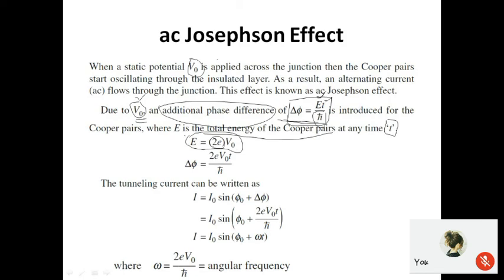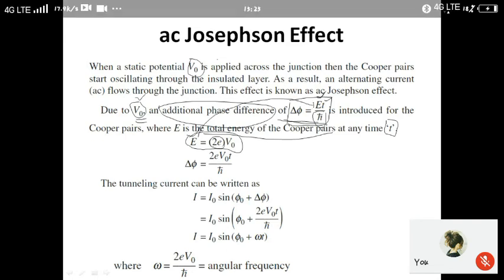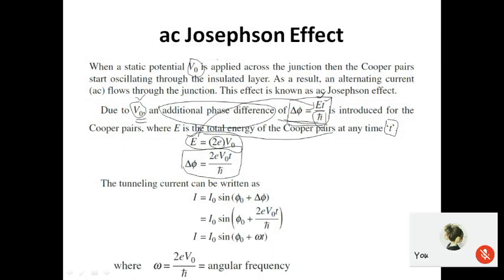So the expression for the energy of a Cooper pair is 2e into V0. Now substituting this value in the expression for delta phi, in place of E we substitute 2eV0, so delta phi equals 2eV0 t by h cut.